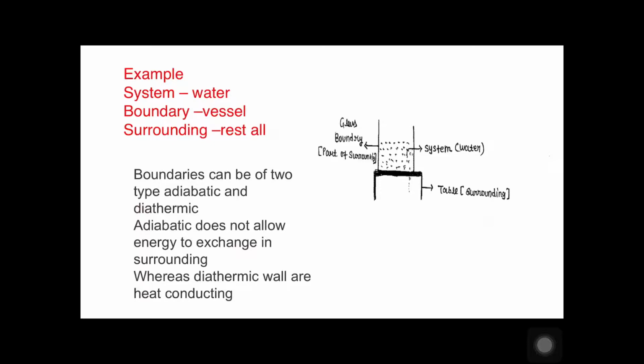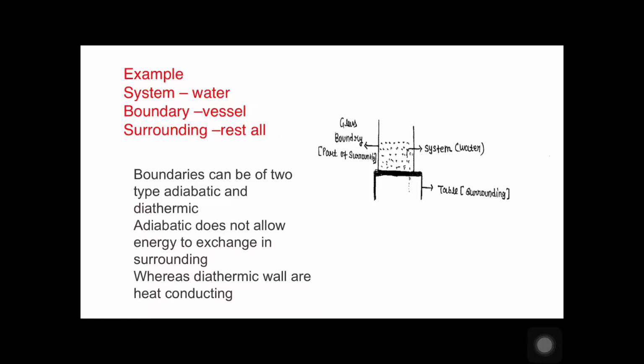Okay students, I am going to repeat it again. If in place of the table a burner is placed, heat from the burner will be transferred to the system, and here our system is water, and water when heated will start to boil and steam will form.